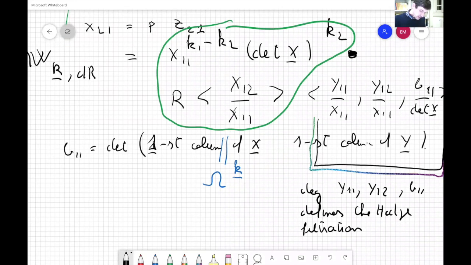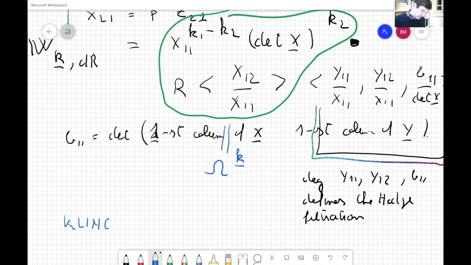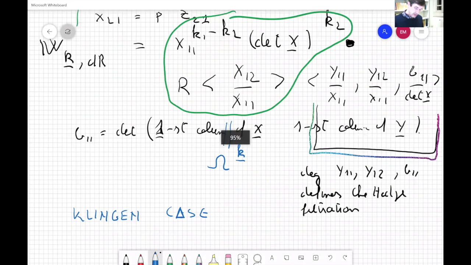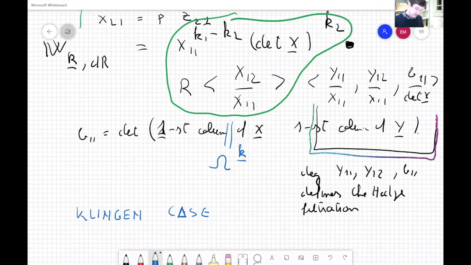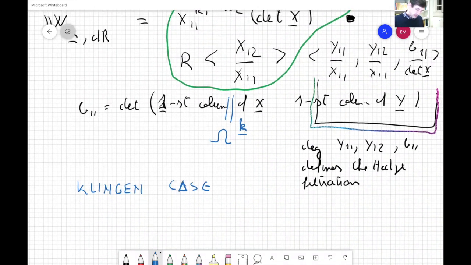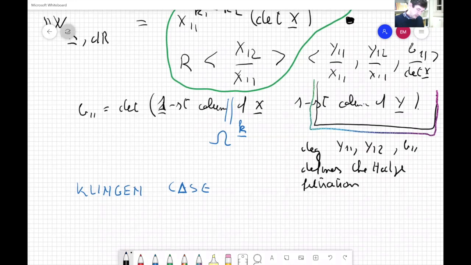Let me describe for you what happens in the Klingen case. So we have a similar description. Now we have fewer variables actually, and I'll let you figure out the variables. But let me stress what this K2 de Rham sheaf looks like. Okay, so in this case you have a similar thing.